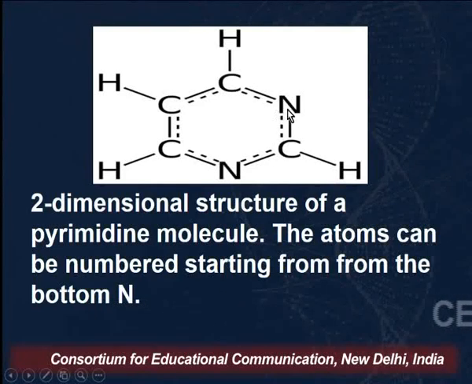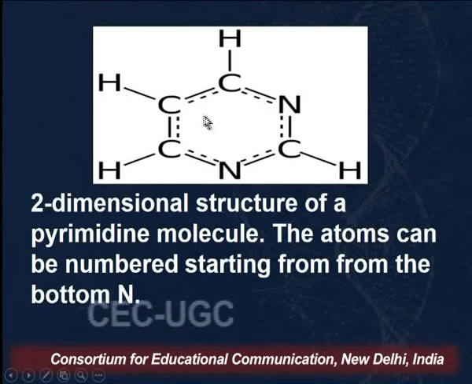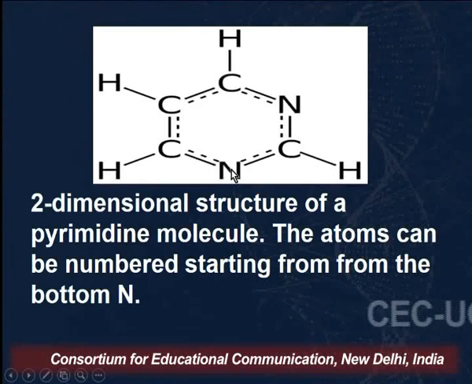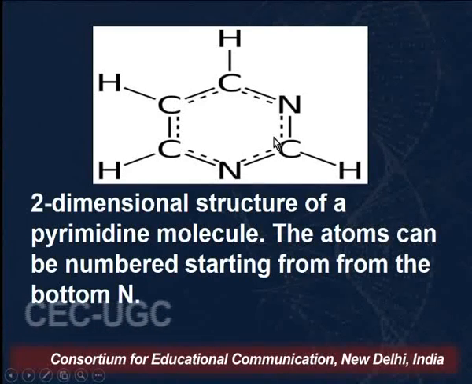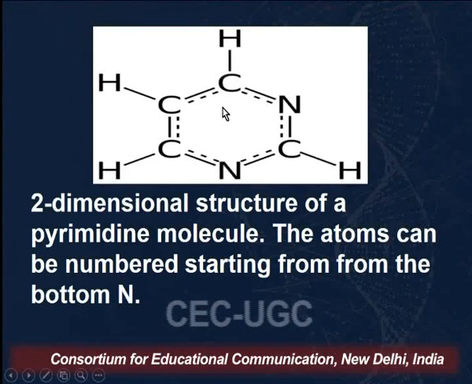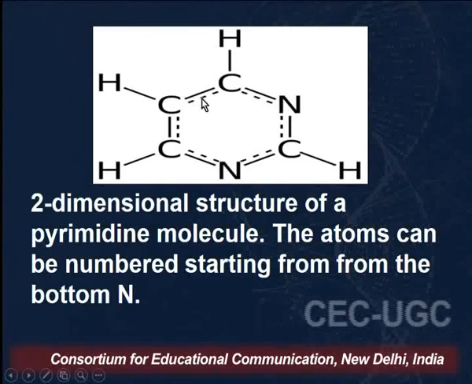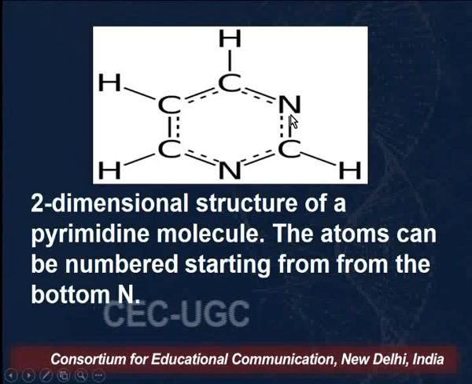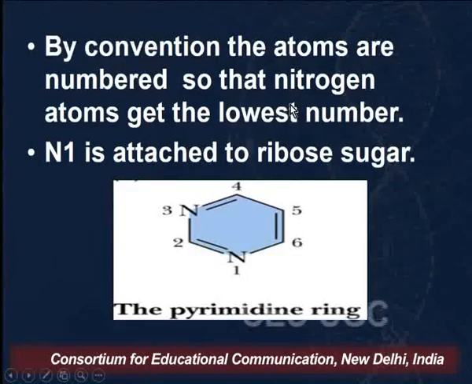Supposing we had drawn the structure so that we had interchanged this nitrogen with carbon, we would have numbered it 1, 2, and if nitrogen was here, this would have been 3. Irrespective of where the nitrogen is placed, because these two positions are equivalent, we number it so that the nitrogens get the lowest possible number.